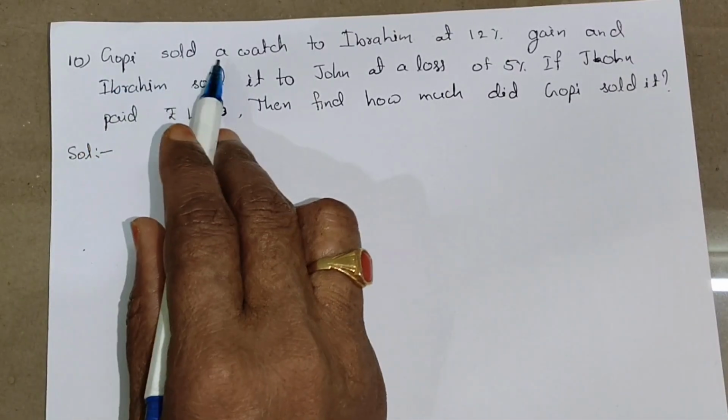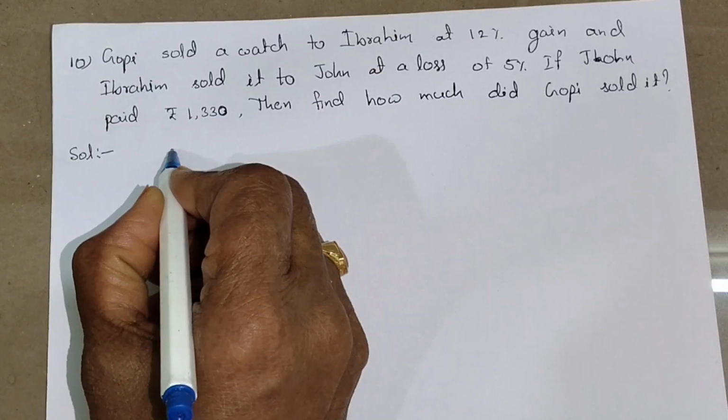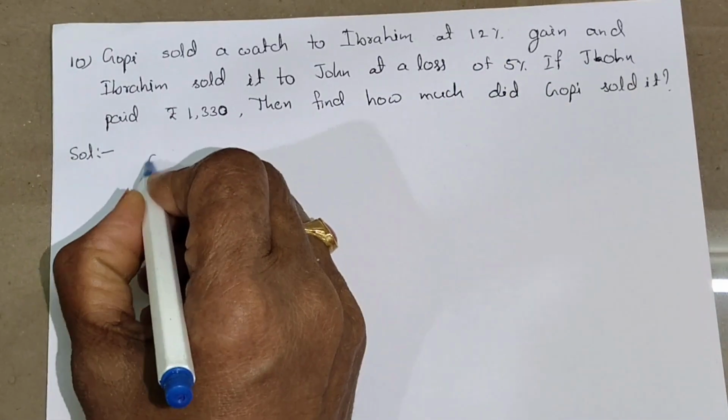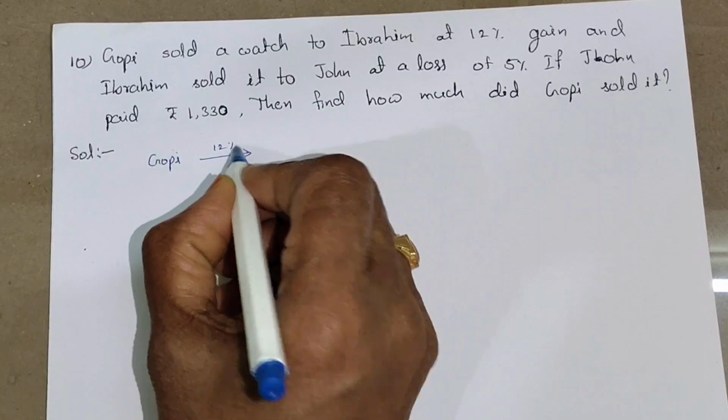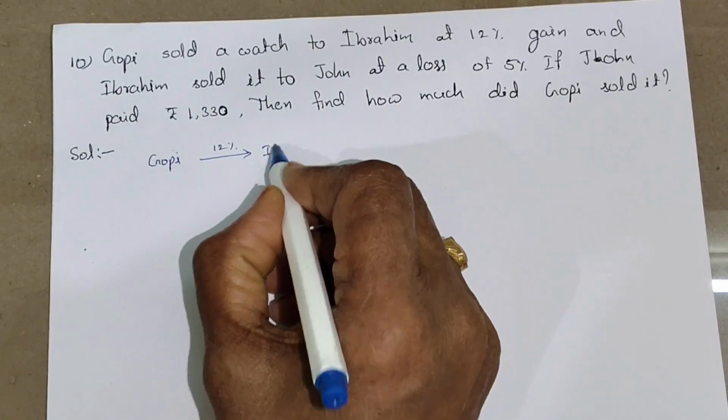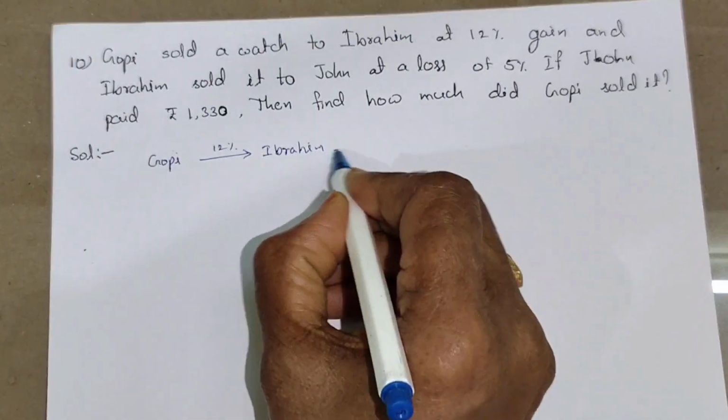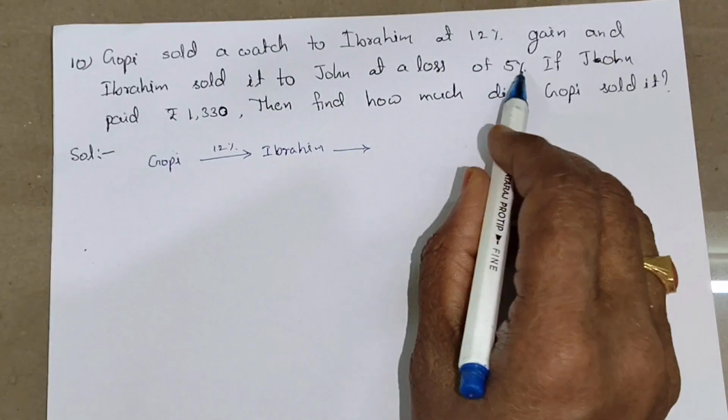Now first, Gopi sold the watch to Ibrahim at a 12% gain. Then Ibrahim sold it to John at a loss of 5%.